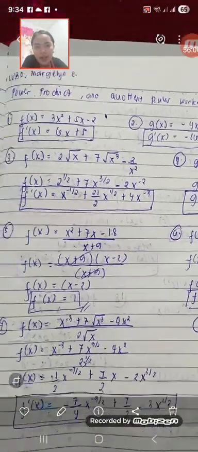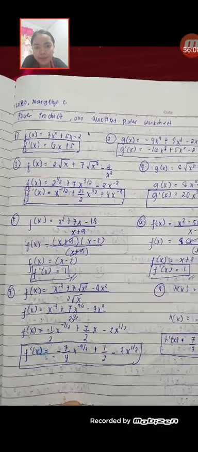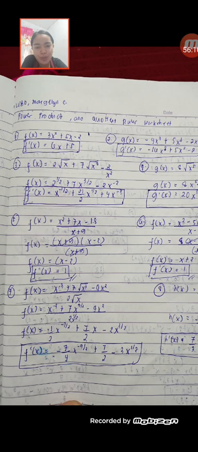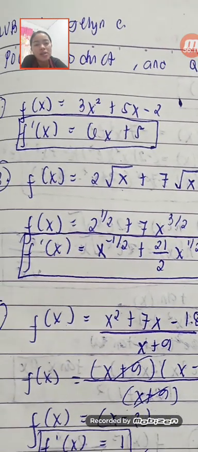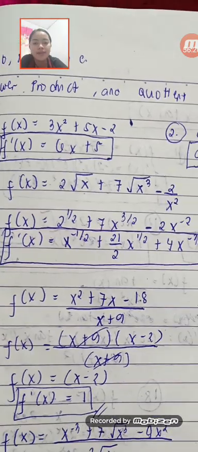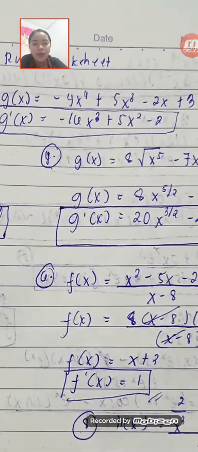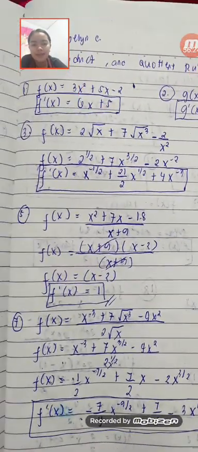So in this part, we need to use the power, product and quotient rules as well. So the same process, you just need to use the power rule in this item and also in this item.